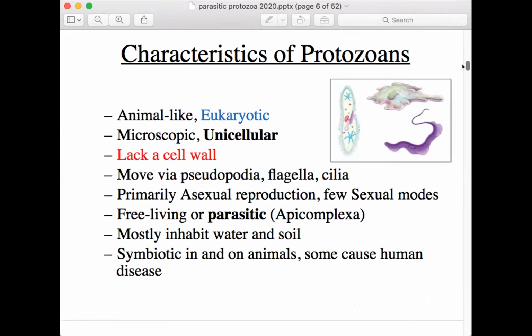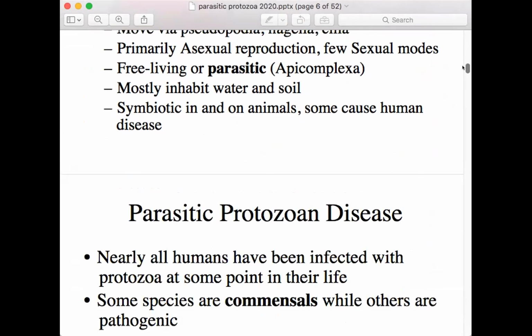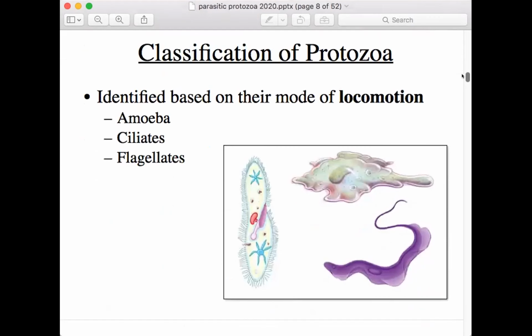We're interested in those that are parasitic in nature, and we're going to take a look today at some other categorizations of parasitic protozoa. Last week, we looked at those that we can identify based on their mode of locomotion, right? So we talked about the amoebas, the ciliates, and the flagellates.